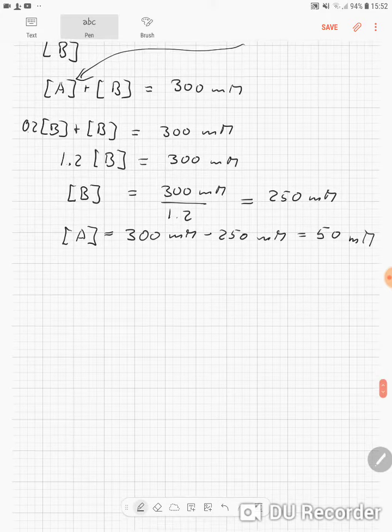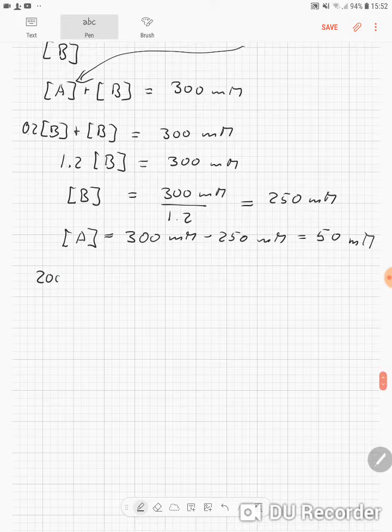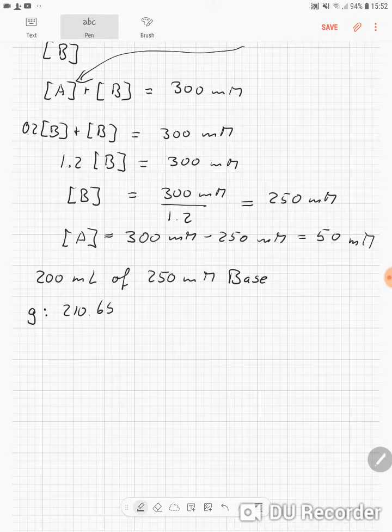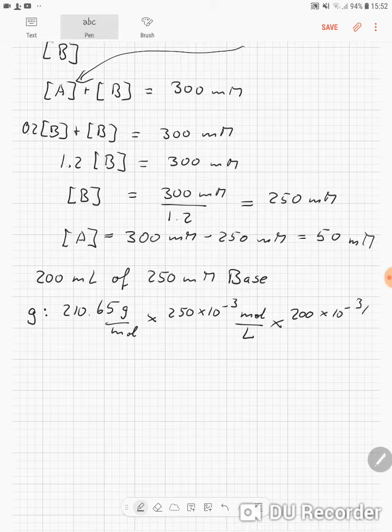So our job now is to make up 200 milliliter of a 250 millimolar base. And again, we can do that with dimensional analysis. Gram equals 210.65 gram per mole times 250 times 10 to the minus 3 mole per liter times 200 times 10 to the minus 3 liter.